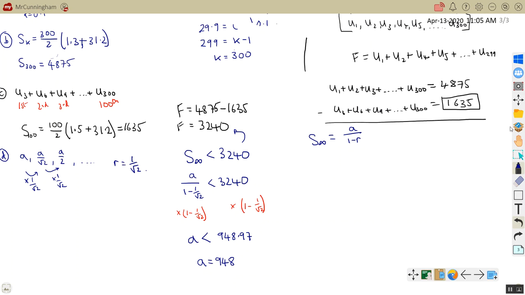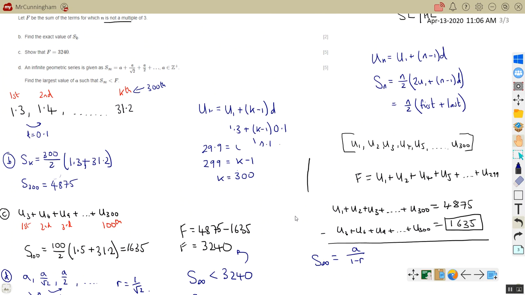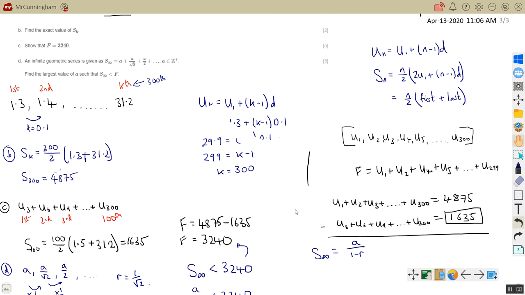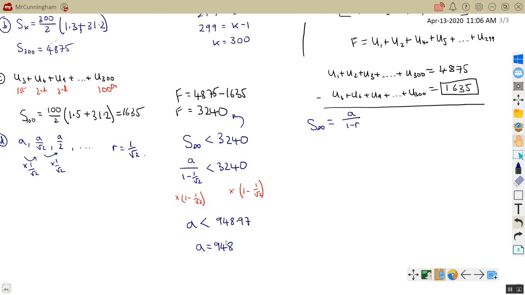If you have any questions about this, please ask. Hopefully that makes sense, that last one. If a is greater than 948.97, that means that my sum to infinity is going to be larger than 3240. Okay, so that's why it is. We want less than this, so it has to be 948. That's the largest whole number.